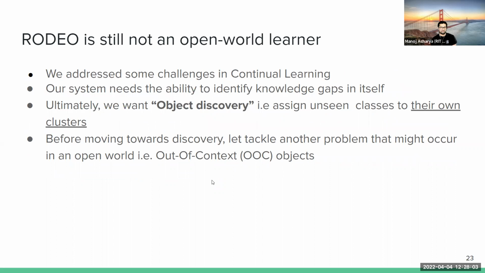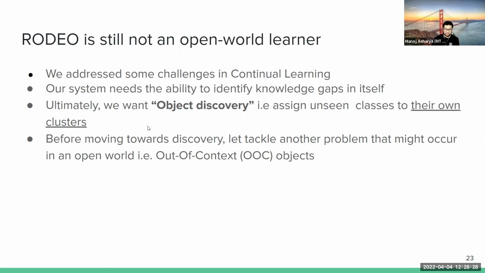But RODEO is still not going to take us to an open world learning system, right? We address some of the challenges in open world learning, such as continual learning, but our system needs the ability to identify knowledge gaps in itself, right? So this is pointing towards object discovery, where we need to assign unseen classes to their own clusters, right?